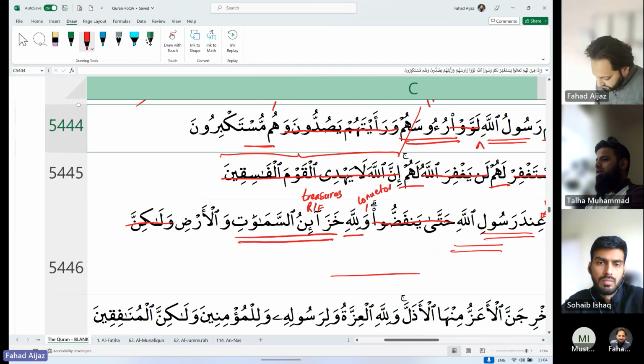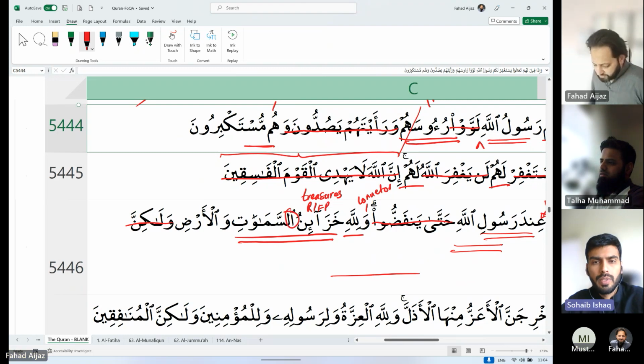And because samawati is proper, khazain would become proper, right? So now samawati is skies or heavens. So it will be the treasures of the skies. Okay, the treasures of the skies.